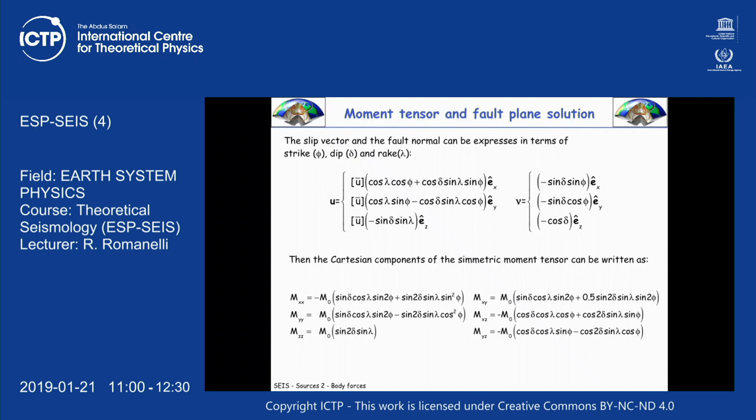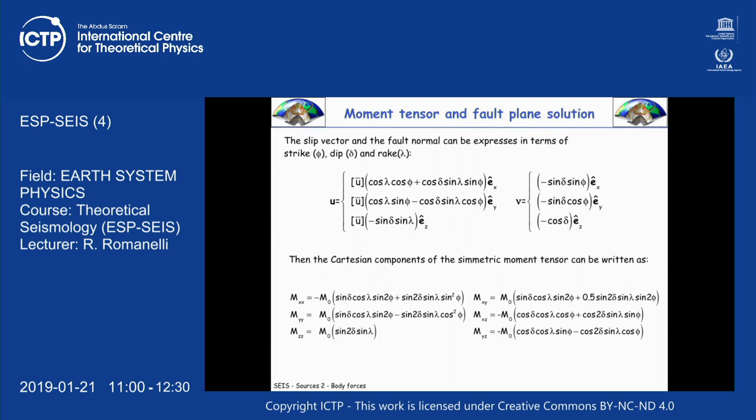U and n are easy. And U and n can be described by the three angles, plus the amplitude of U. With the representation theorem and the moment tensor description, we can write, of course, the six components of the moment tensor in terms of these angles, plus M0.